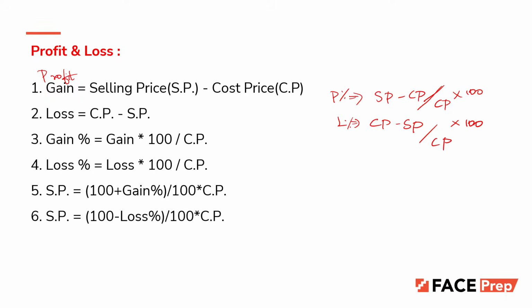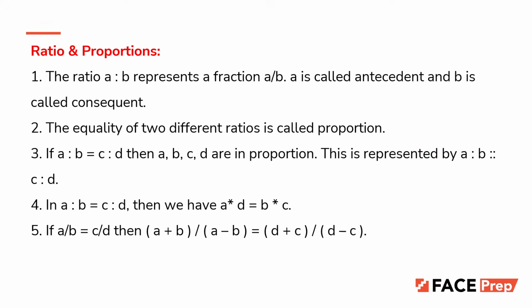So you may take the formula as selling price minus cost price by cost price into 100. Similarly for loss percentage, you may take cost price minus selling price by cost price into 100. Right. So now the next part.